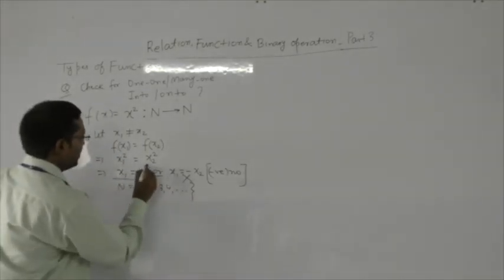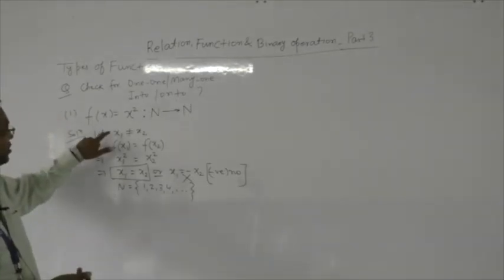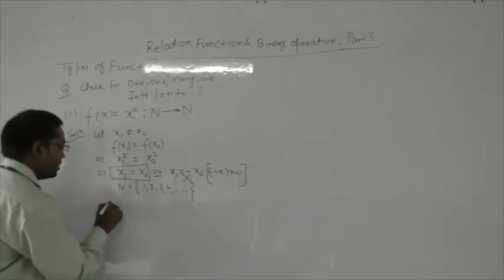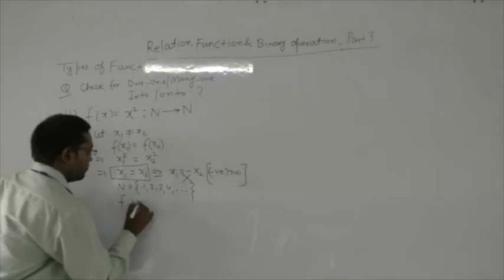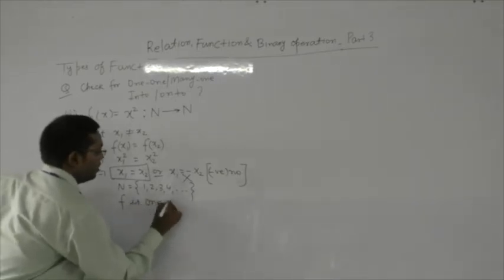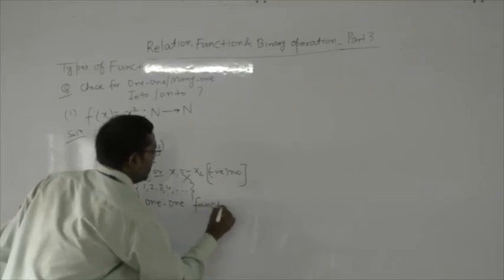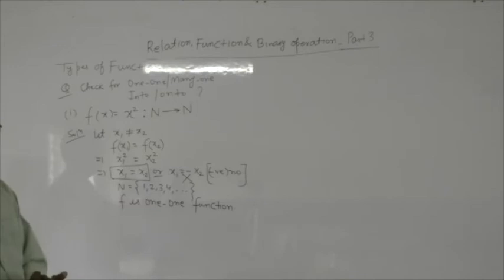Only x1 equals x2. We had assumed x1 not equal to x2, but we are getting x1 equals x2. Hence we are getting a contradiction, hence f is one-one function under the condition given in the question.